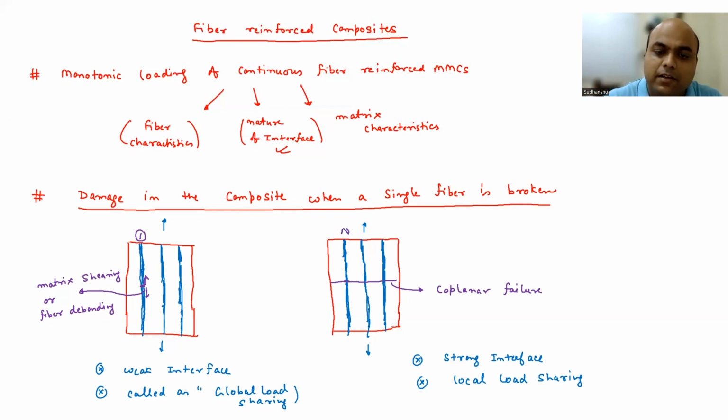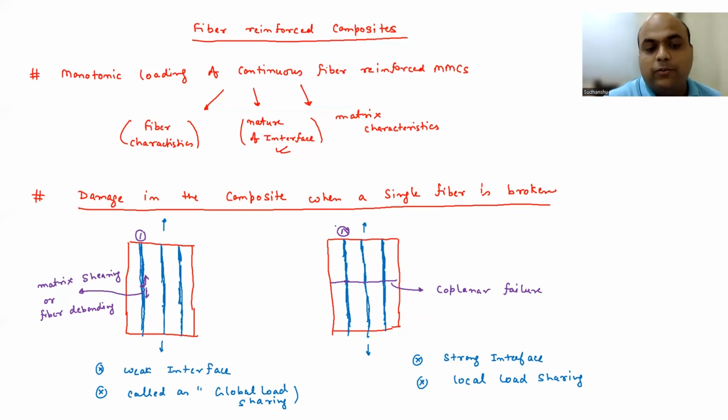Once this number one fiber is fractured, number two, number three, number four, all these fibers continuously fracture, leading to the failure of the composites. This is happening because of the localization of the strain around a single fiber, and that's why this is called local load sharing.